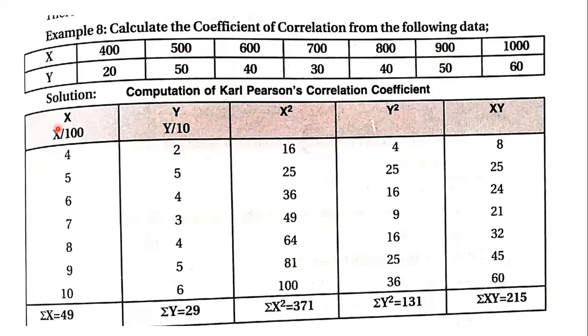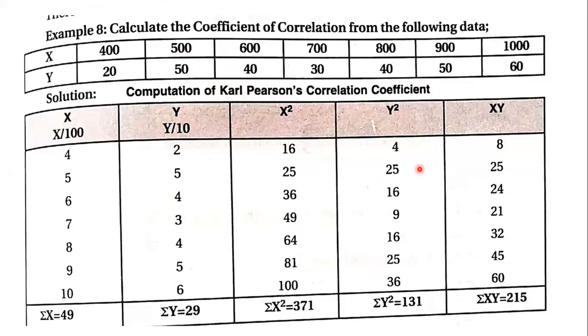So X square and Y square you are supposed to calculate. X square is multiplying the number with itself. So 4 4s are 16, 5 5s are 25, 6 6s are 36. Like this, you have to multiply the number with itself so that you can calculate the squares.